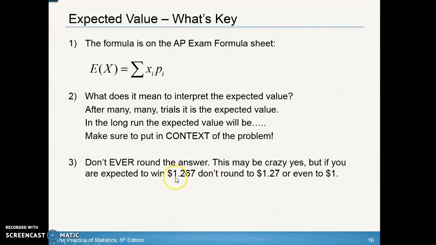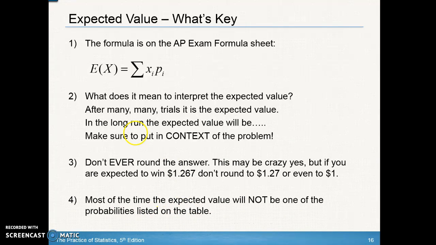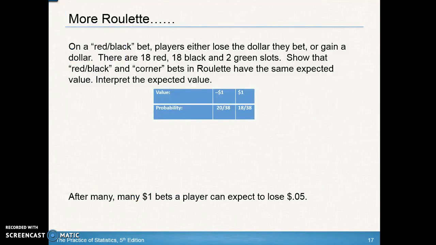That changes the probabilities, because remember, this expected value comes from the probabilities, and if you are rounding it, you're essentially changing the probabilities that you got to get your answer. Okay, most of the time the expected value is not going to be one of the probabilities on the table. It's going to be an average of all of those probabilities.